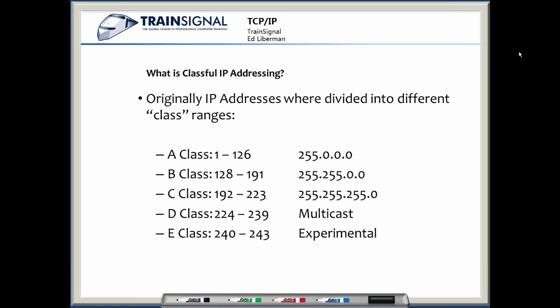In a Class C IP range, the first 3 octets are your network ID, and the last octet is your host ID. We also still have Class D, where the first number is 224 to 239, reserved for multicast transmissions, and Class E, which was for experimental. We're not going to worry about those. For right now, we're just going to worry about A, B, and C.